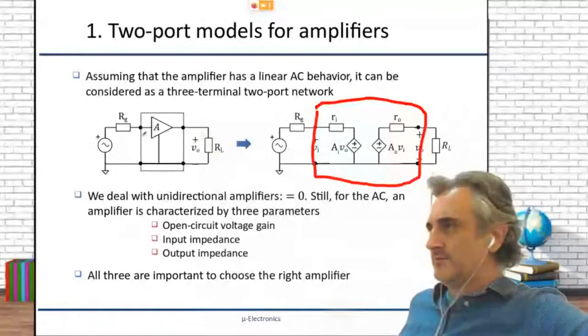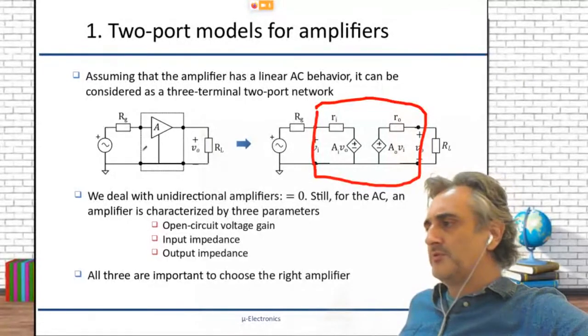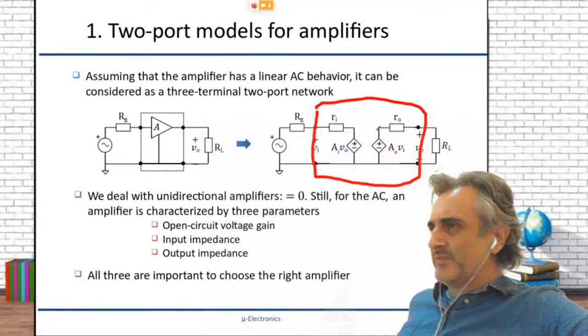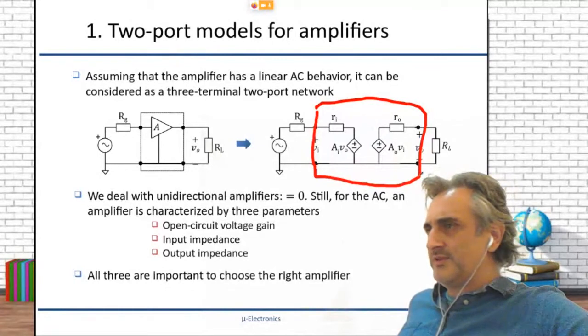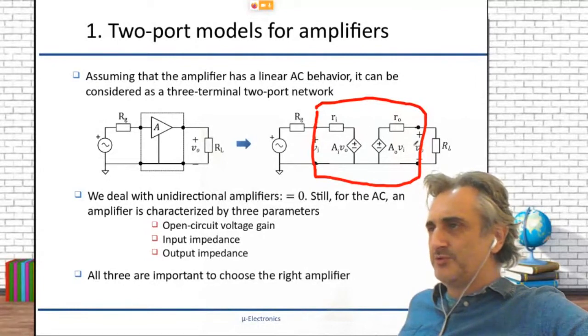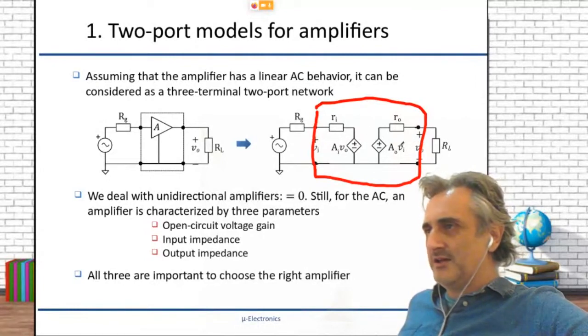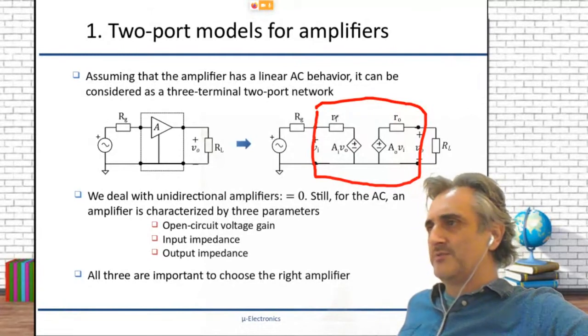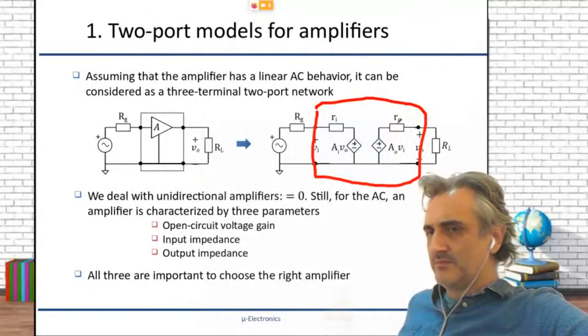Do you remember when we were studying electrotechnia that we had some gains and something complex? This is exactly the same. We have here a gain at the input that depends on the voltage at the output, and a gain at the output that depends on the voltage at the input. We also have some input resistance and some output resistance.